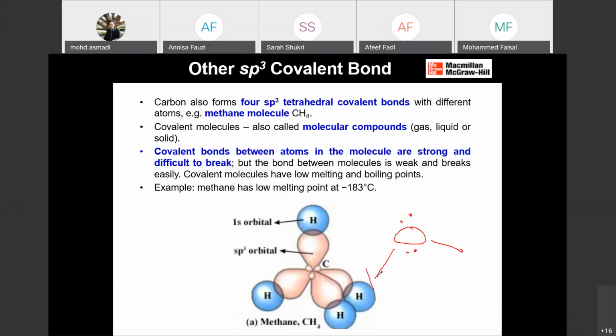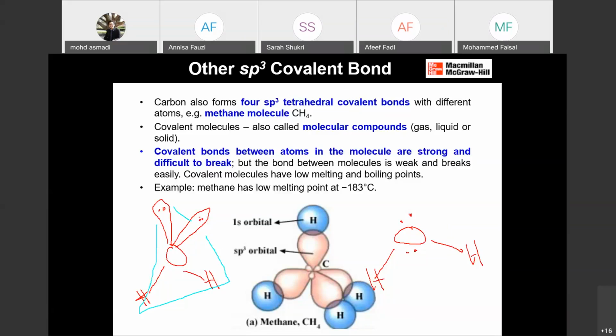The shape is angular. You have to remember that it depends on the lone pairs and bond pairs.